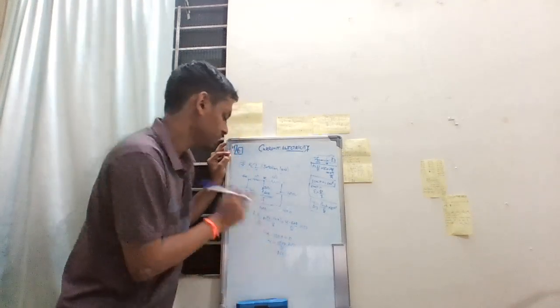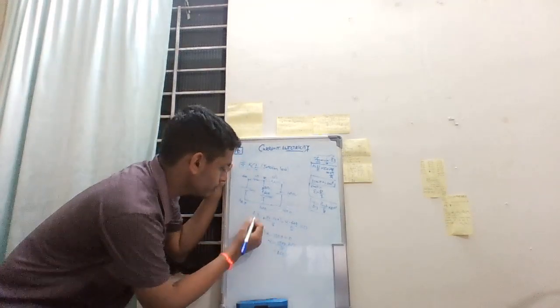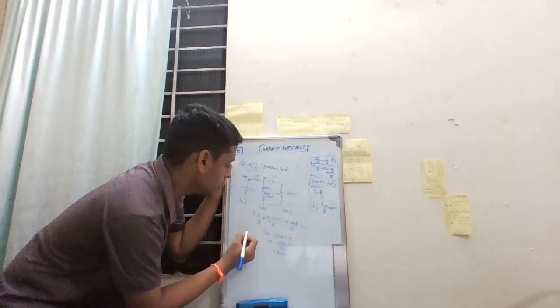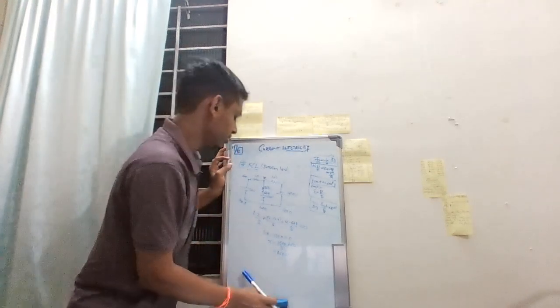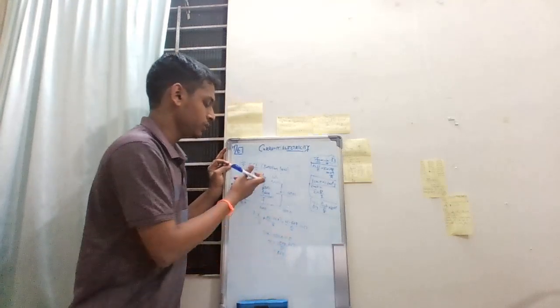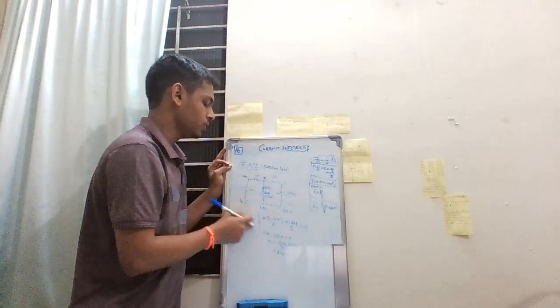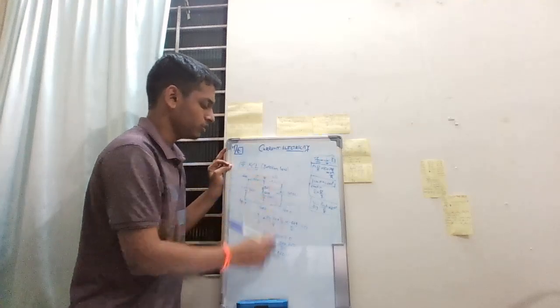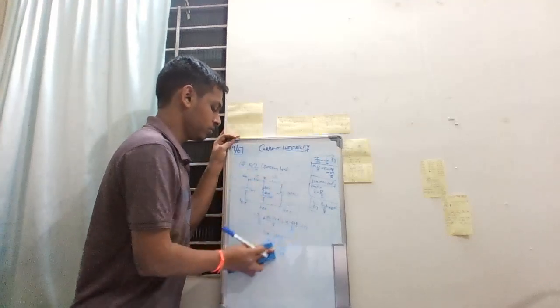So now we'll just substitute it again. We can solve it, right? We just need to substitute it in each of them and find out the current in each resistor.